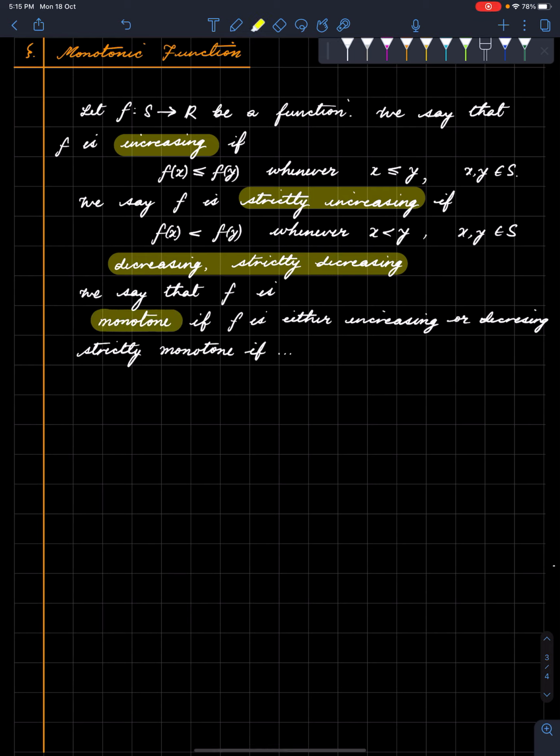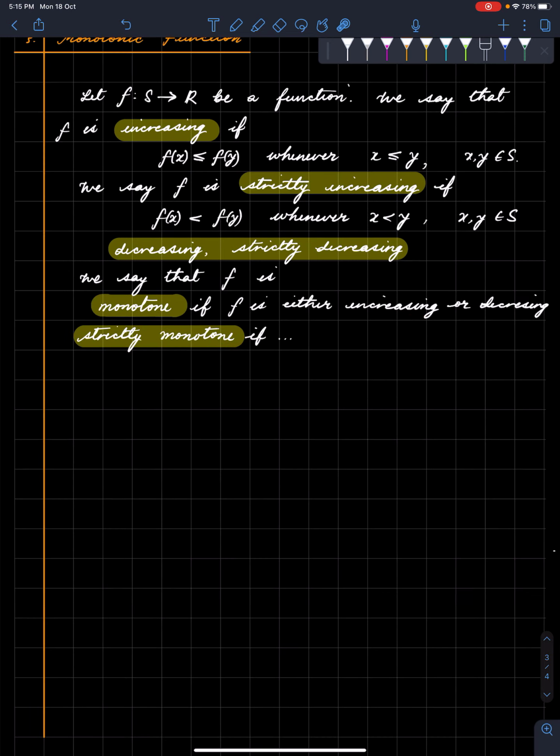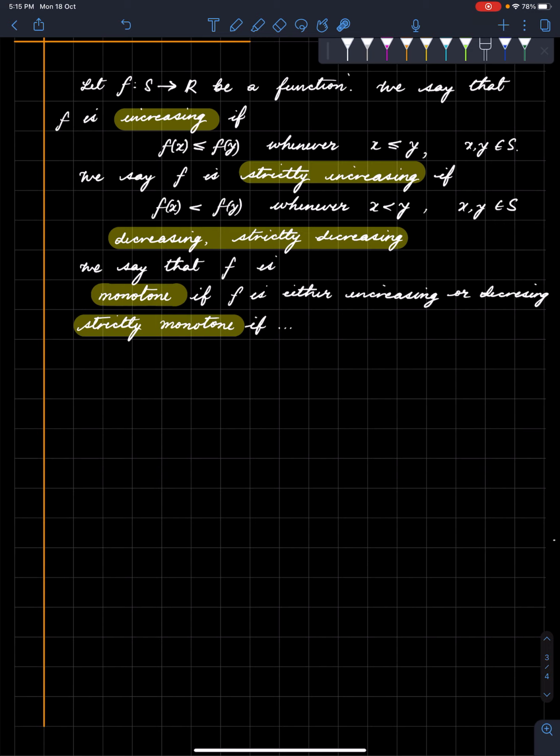So we define these two terms. So it's monotone if it's either increasing or decreasing. It is strictly monotone if it's either strictly increasing or strictly decreasing. So some obvious definitions. Alright, and now let us see maybe one or two examples.